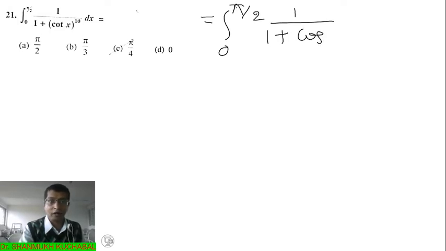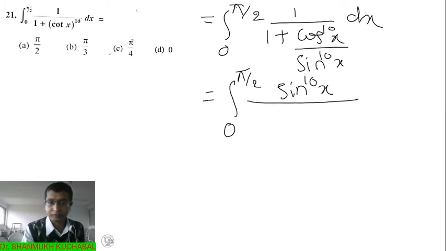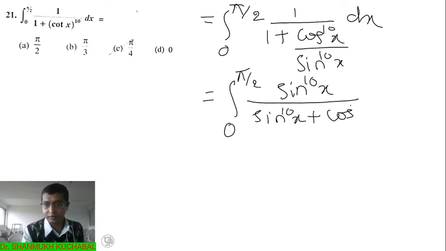So along with the power, cos 10x divided by sin 10x into dx. Taking the LCM and simplifying, we get sin raised to 10x divided by sin raised to 10x plus cos raised to 10x into dx.